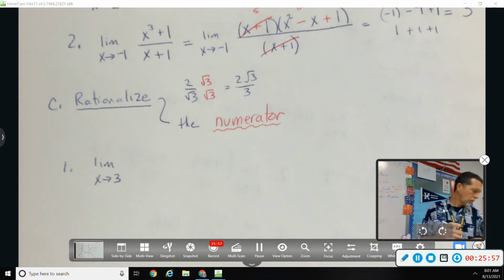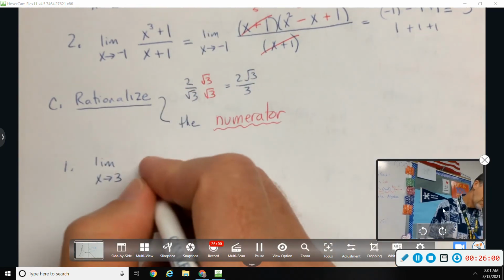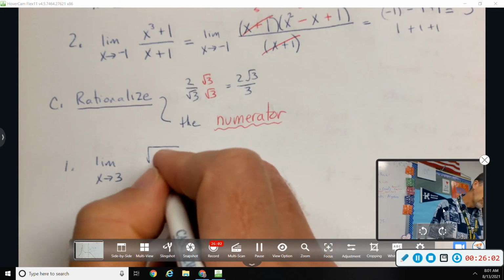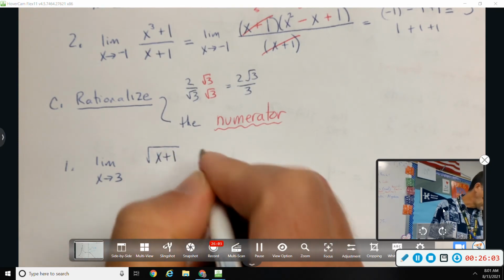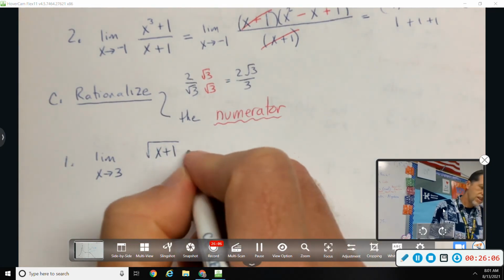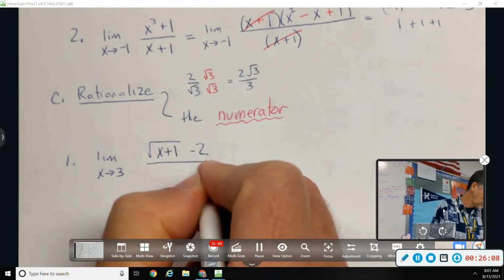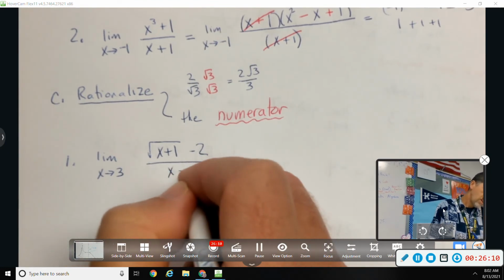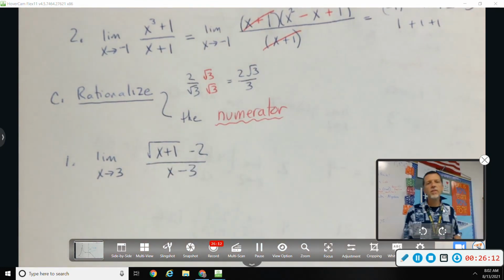Limit as x approaches 3 of the square root of x plus 1 minus 2 all over x minus 3. Well, we always said to try substitution first.